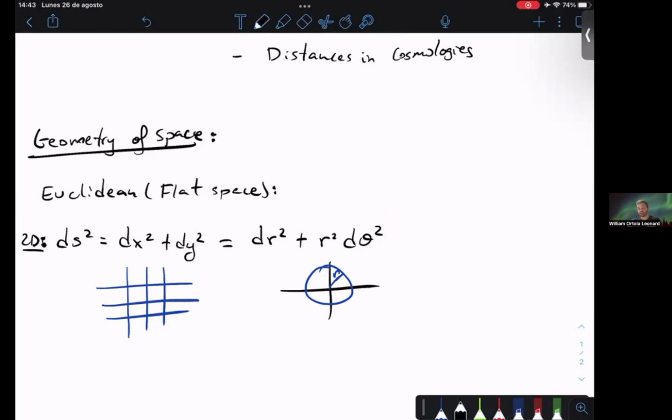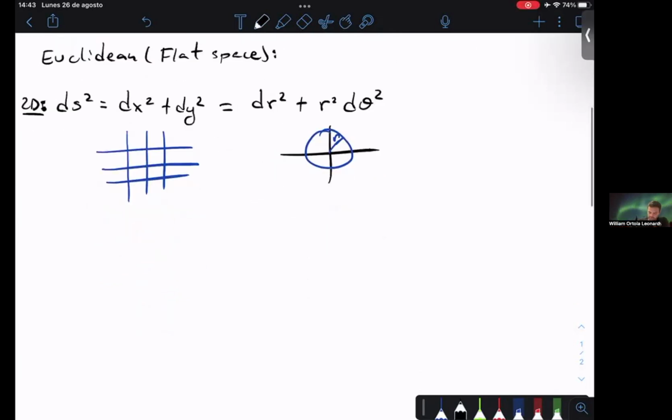Easily, this can be generalized to a three-dimensional space. In a three-dimensional space, this metric is going to be given by dx squared plus dy squared plus dz squared, again in the Cartesian representation, so basically that linear geometry.